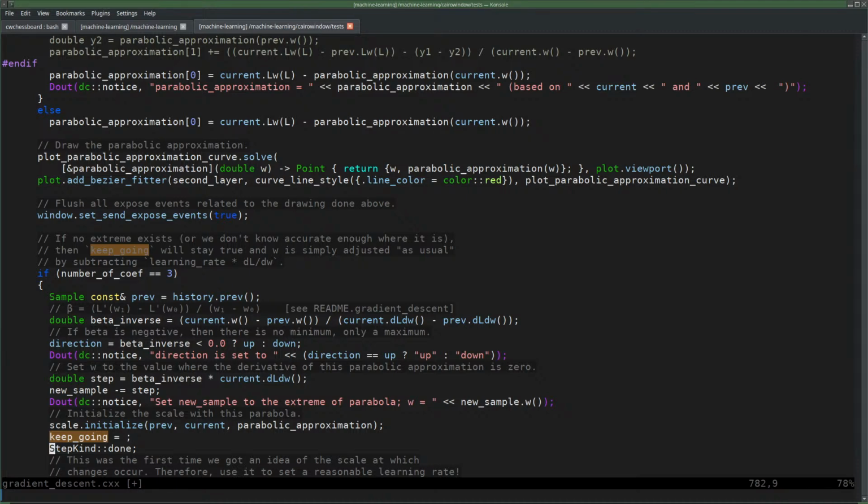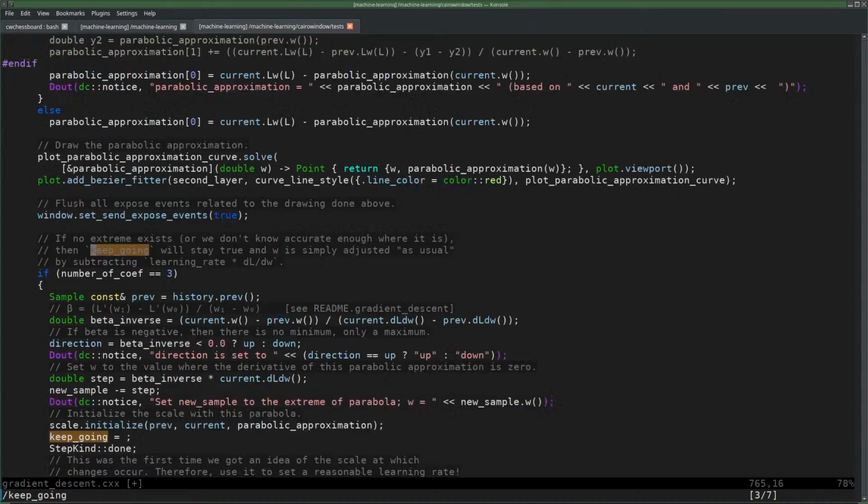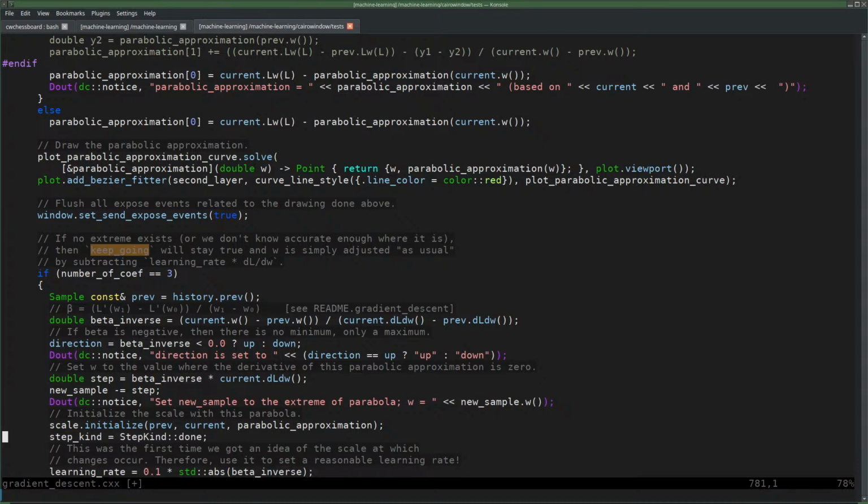Okay, I forgot. What did I call the thing? Step kind, yeah. Step kind is done. And then that seems to belong more to just after we change the sample already.